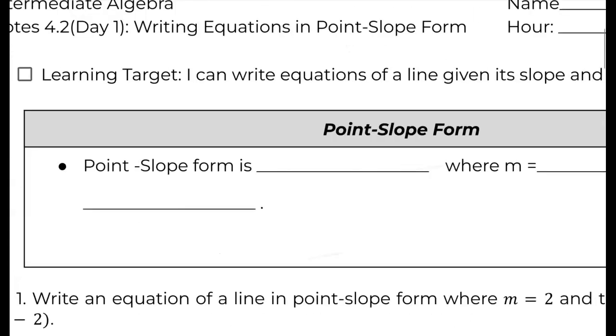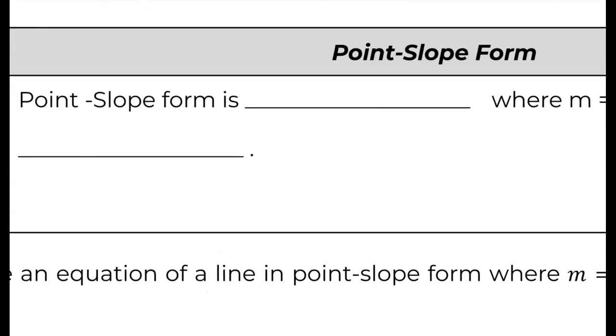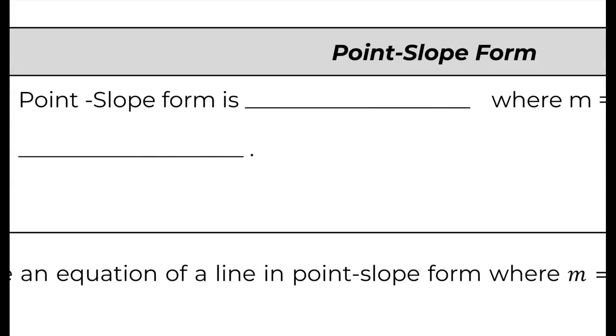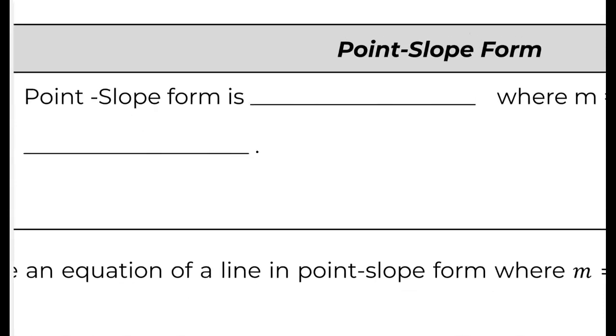So first, point-slope form looks like this: y minus y1, and that's equal to m, then x minus x1.